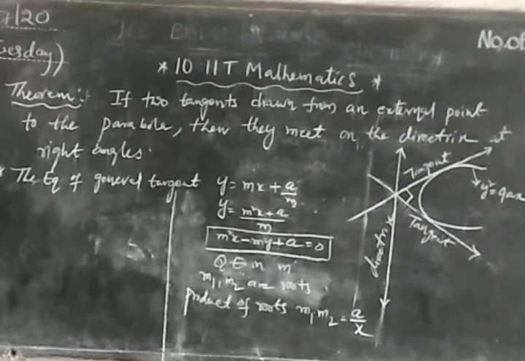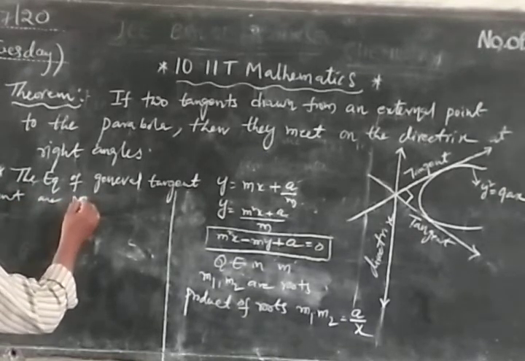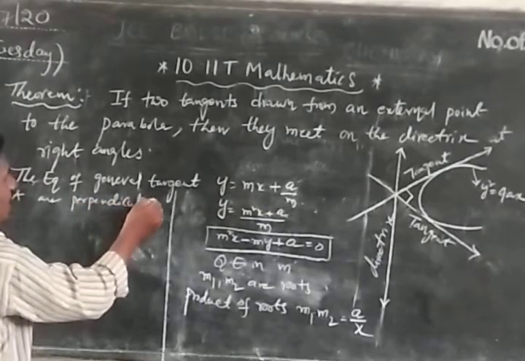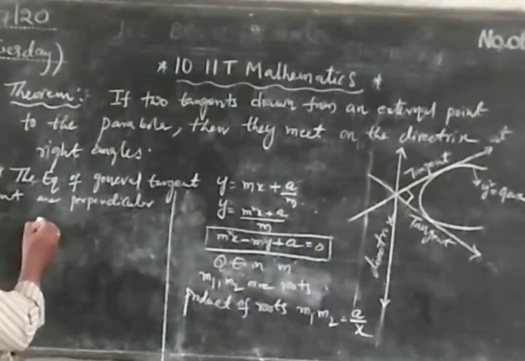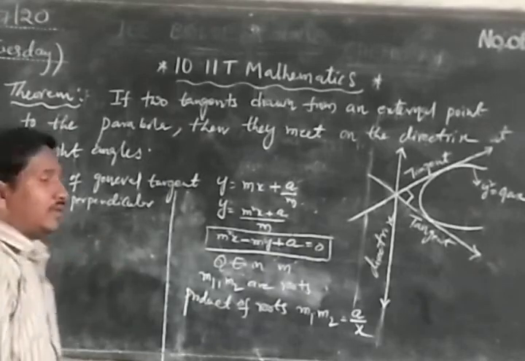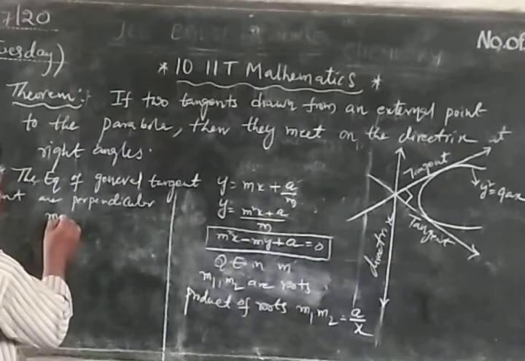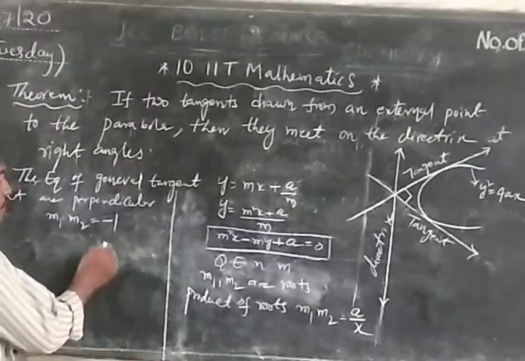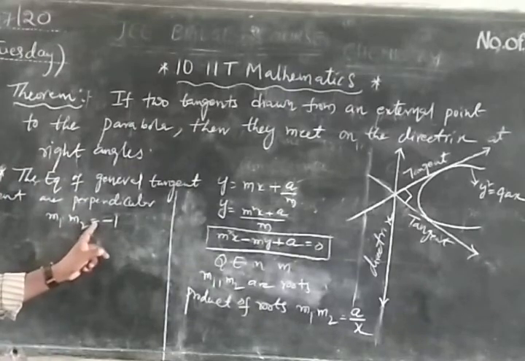The tangents are perpendicular. So the slopes of the tangents, m1 and m2, satisfy m1 dot m2 equal to minus 1.